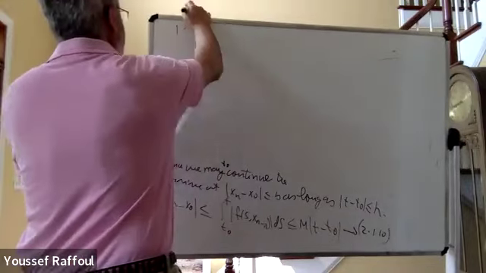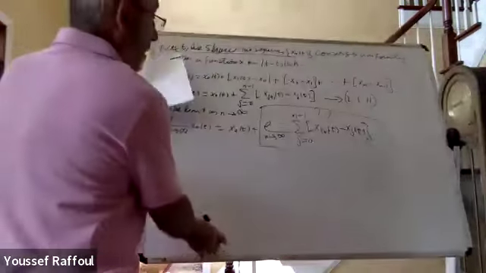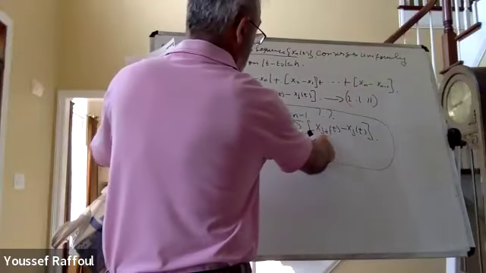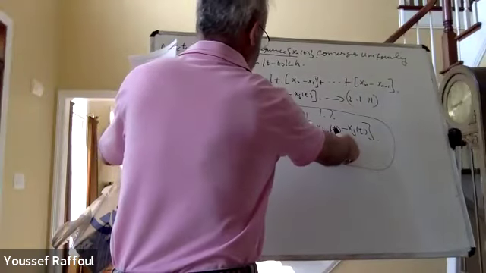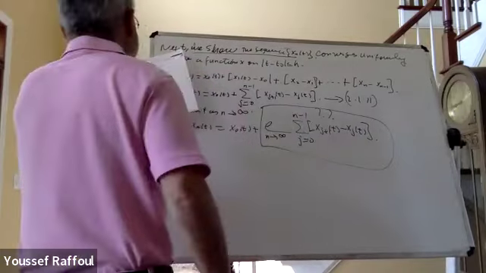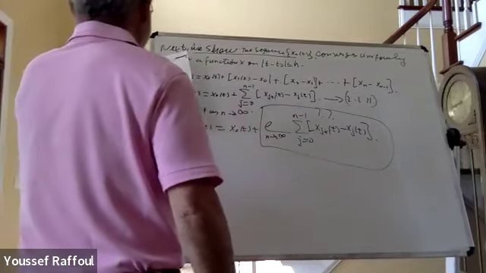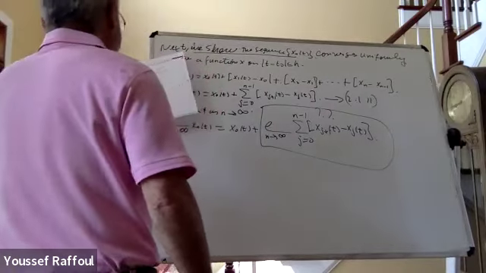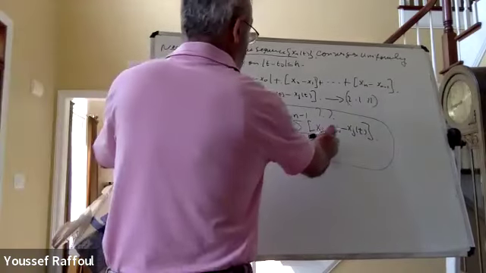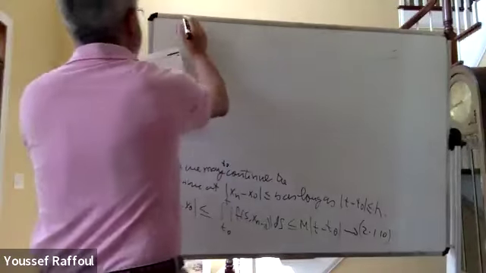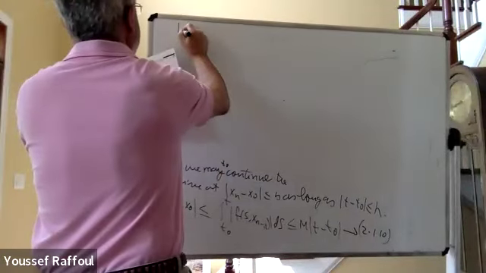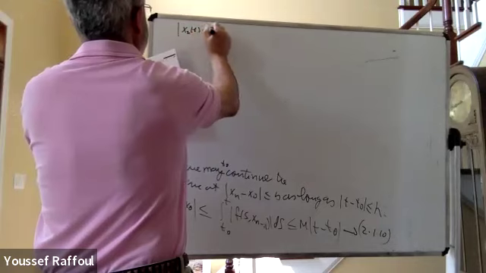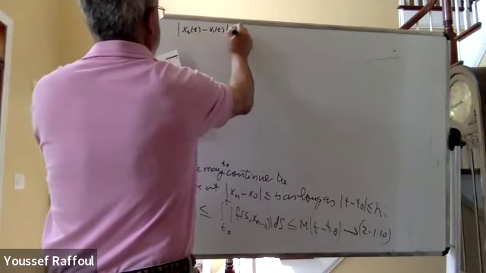Remember, for j equals 0, we need x1 minus x0, but we already know what that is. Okay? So let's start at j equal 1, so we need x2 minus x1. So let's try to build. So what is x2(t) minus x1(t)?